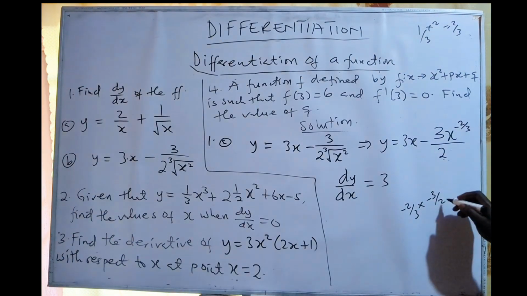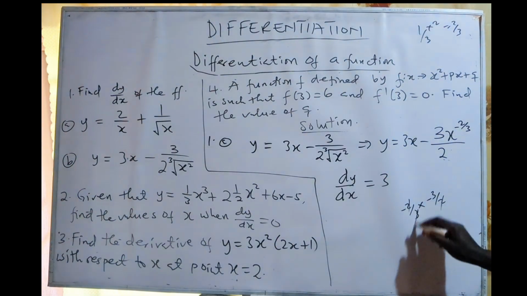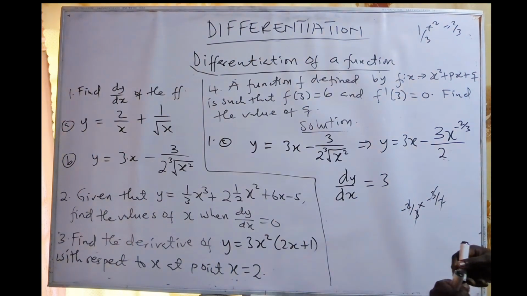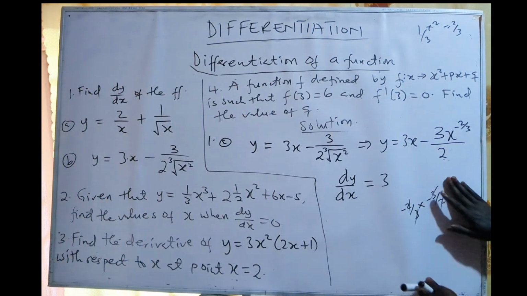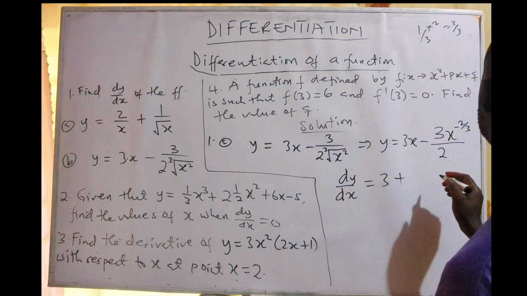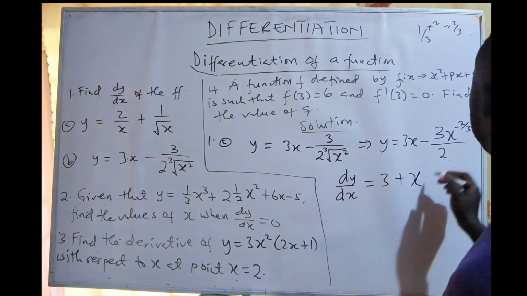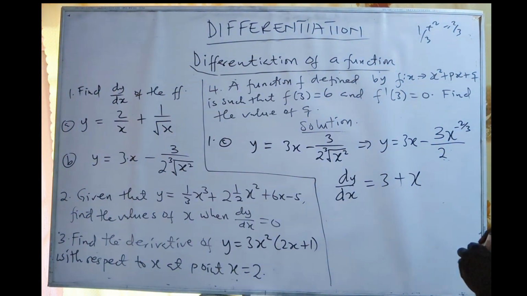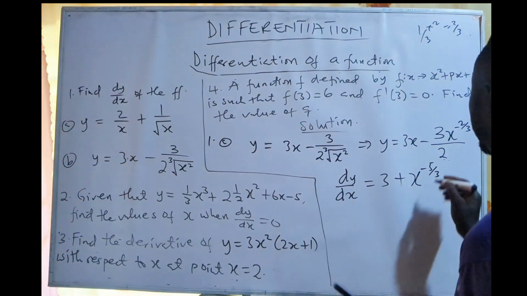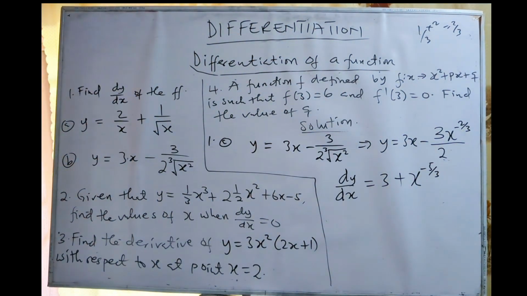This will cancel this, this will cancel this, and negative times negative gives a positive, so we get 1. Then we subtract 1 from the exponent: minus 2 on 3 minus 1 gives us minus 5 on 3. So this is what we are going to have.